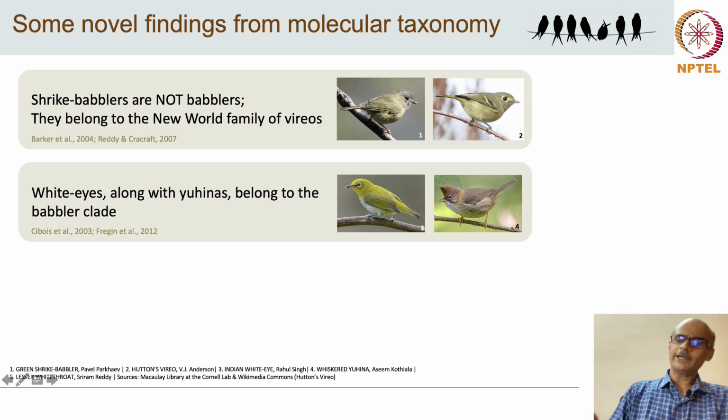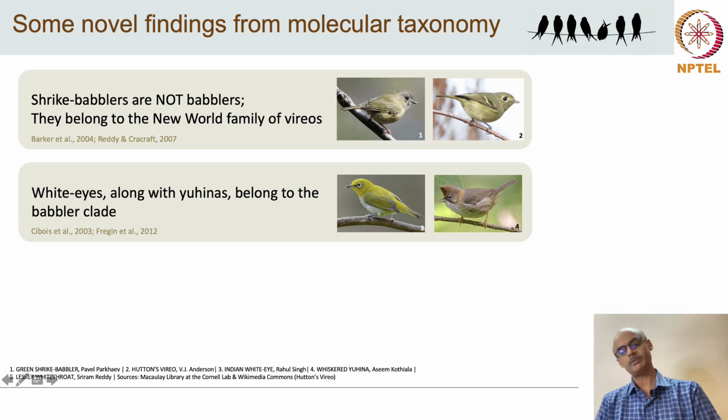And yuhinas, the second picture that you see here is the yuhina, that was always considered as babblers, but the molecular phylogeny reveals that both yuhinas and white eyes belong to the same family, the white eye family, Zosteropidae, but then again the white eyes belong to the actual babbler clade.